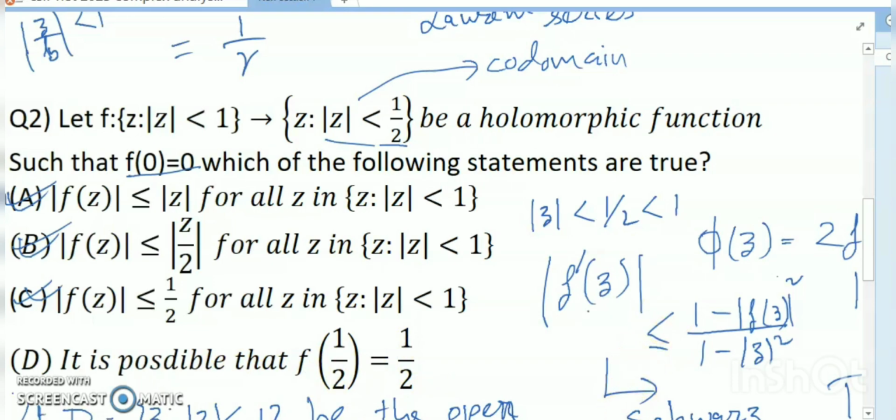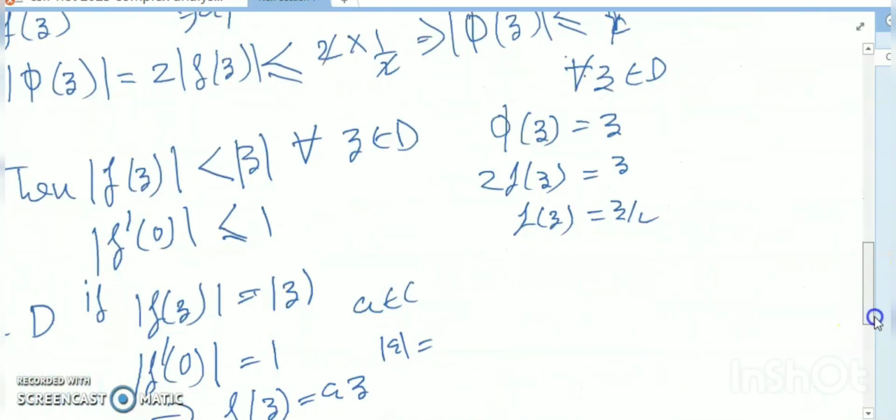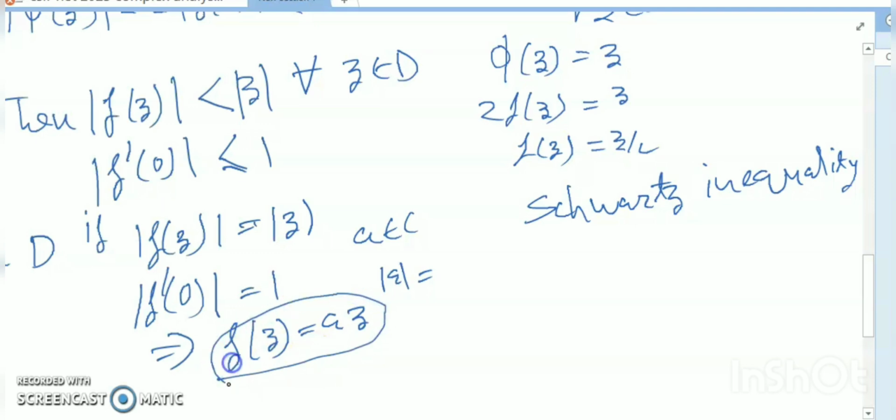I will explain it using the Schwarz inequality. The Schwarz inequality says that when all the conditions are satisfied and equality holds, f(z) equals az, with f'(0) equal to 1 in modulus.